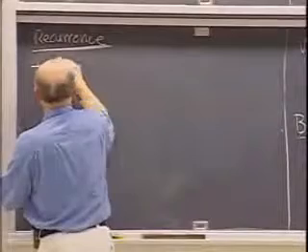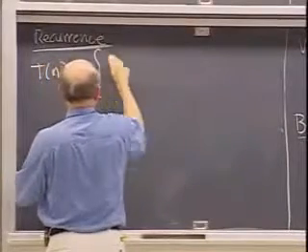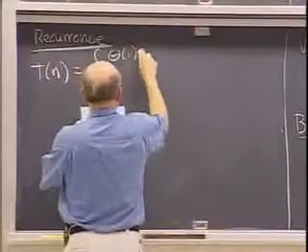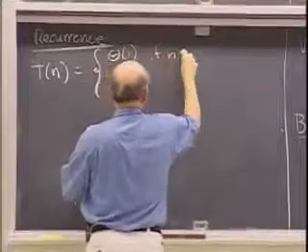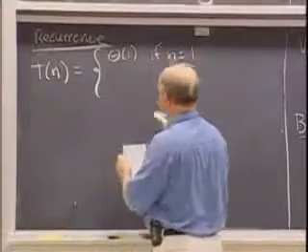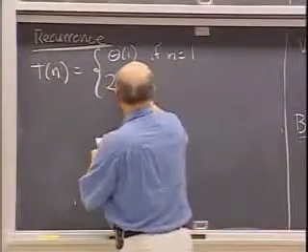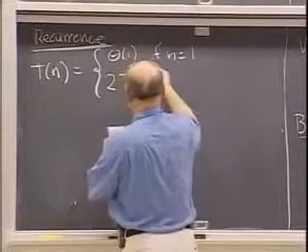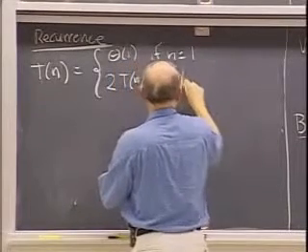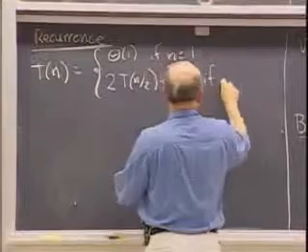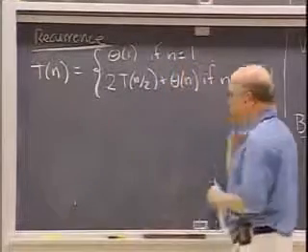We should say that T of n is equal to theta 1 if n equals 1, and 2 T of n over 2 plus theta of n if n is bigger than 1.